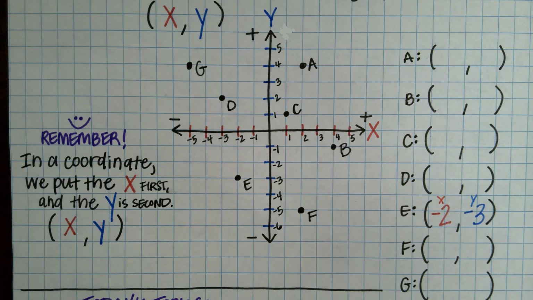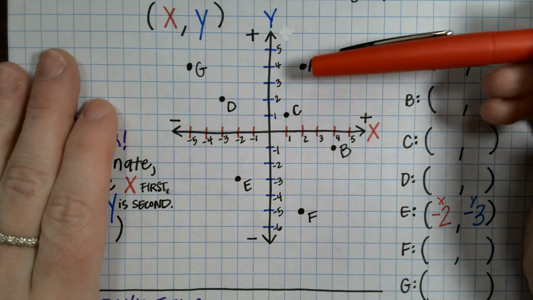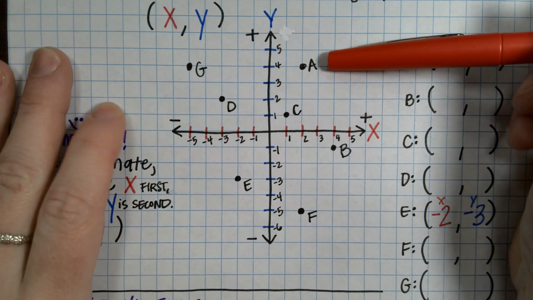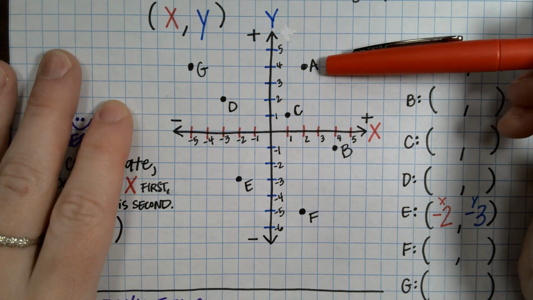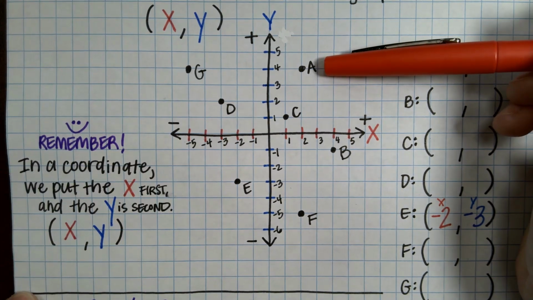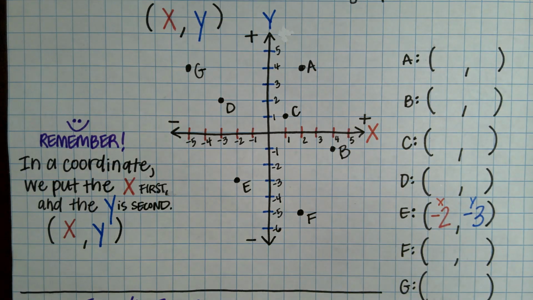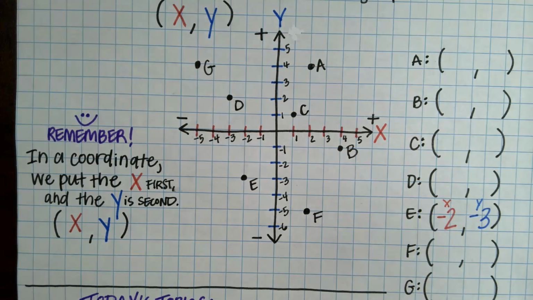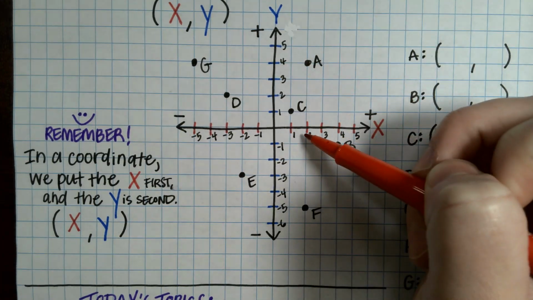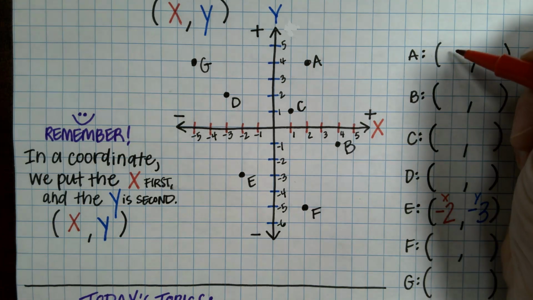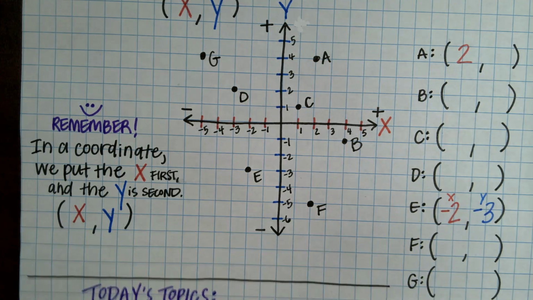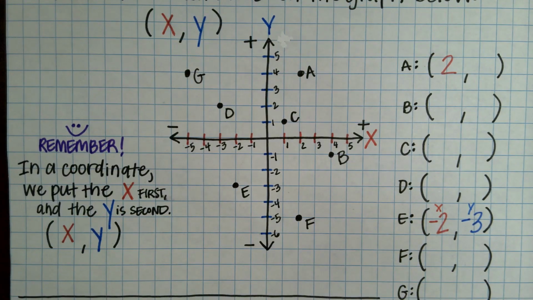So here, let's look at these together. Let's look at point A. Point A is right up here. Are we going to write the x value first or the y value? The x value. So what is A's x value? 2. That's where it lines up. So I'm going to write 2 for my x. You guys get that so far? Good.